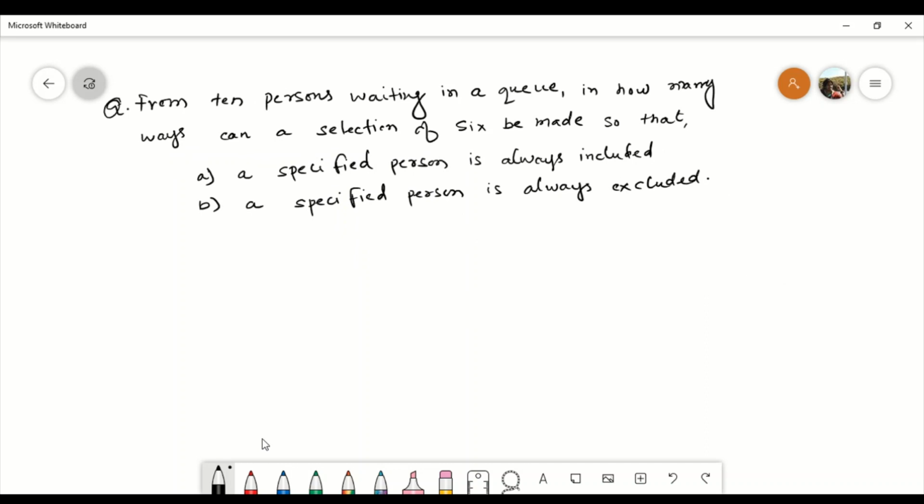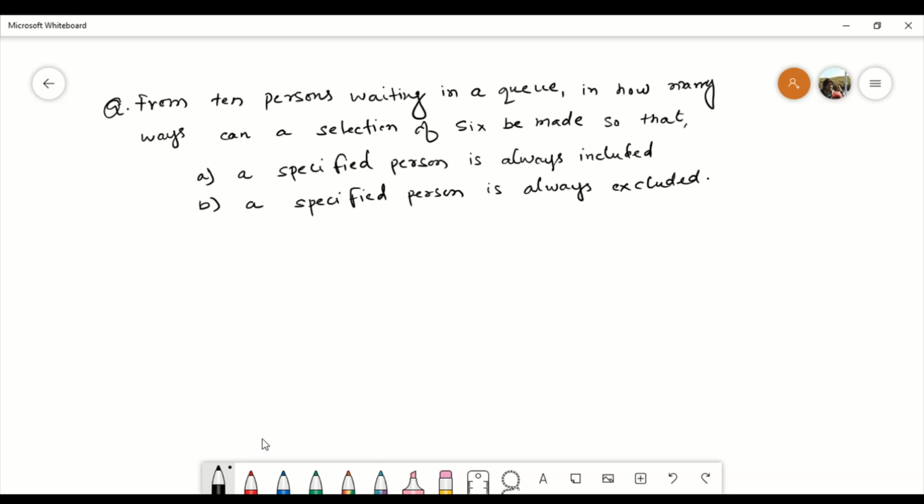So let's discuss another problem. In this problem, the question says that from 10 persons waiting in a queue, in how many ways can a selection of 6 persons be made so that, we have two questions here: a specified person is always included, and a specified person is always excluded. So first we try to understand the question. There are 10 persons in a queue and we have to select 6 persons from them, and we have two constraints given in the question.